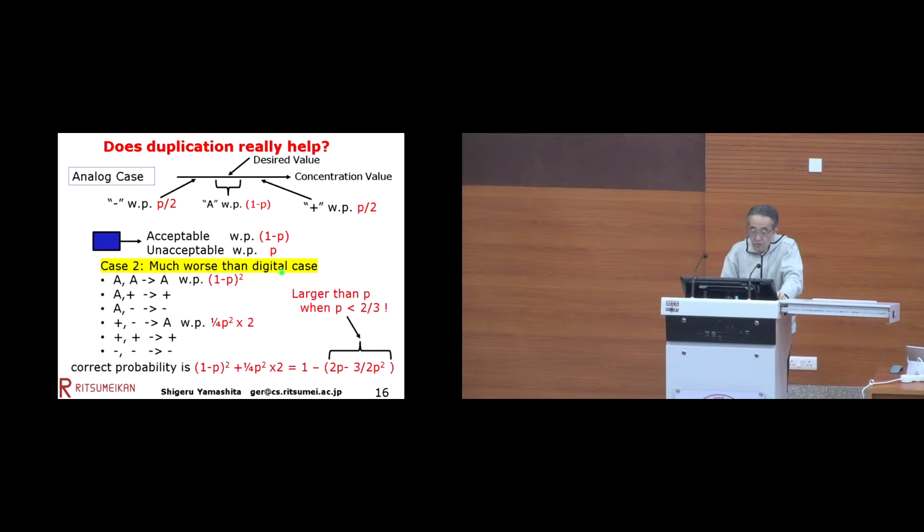But for example, in this scenario, maybe we have very strict constraints. So if one is acceptable and one is larger, then we cannot accept the average of these. In this scenario, the unacceptable probability is something like this.